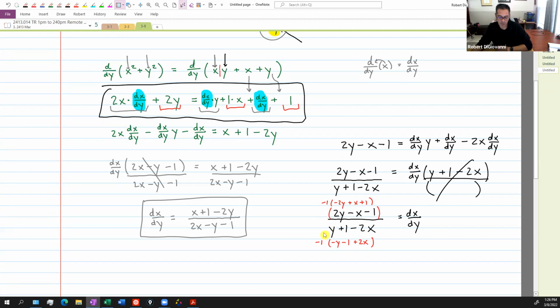And this -1 over -1 becomes +1. So these basically cancel each other out. And what you would have is this thing in red, which matches that numerator, and this thing right here, which matches that denominator. In other words, they are exactly the same. It's just both the numerator and denominator are off by a sign, but the combination of them both being off by a sign is really like you multiplied by 1, which is weird, but it's the same answer.